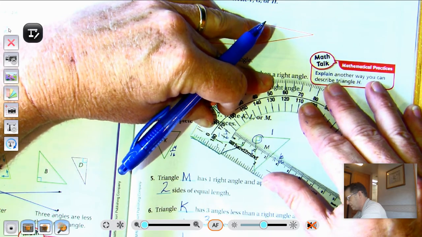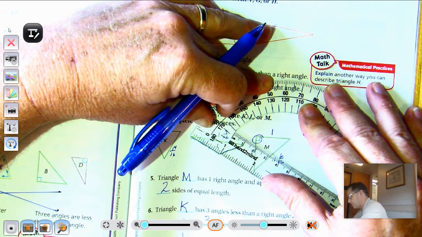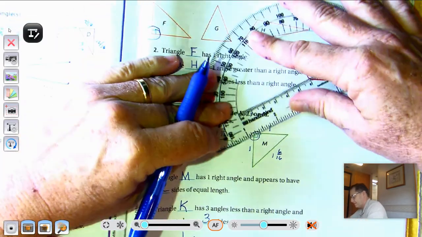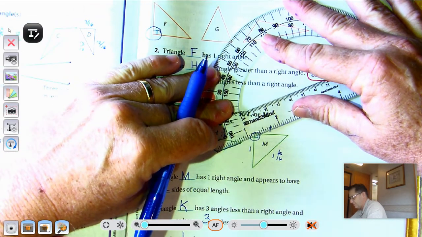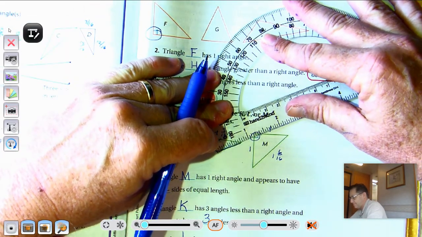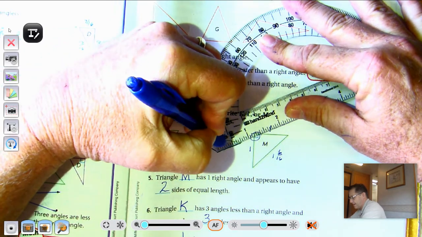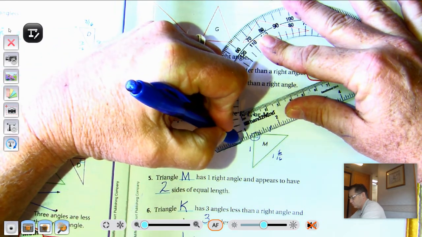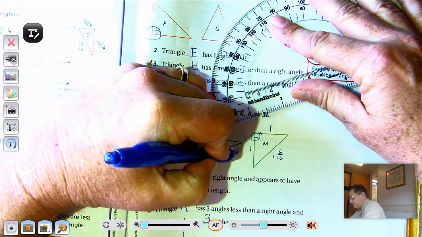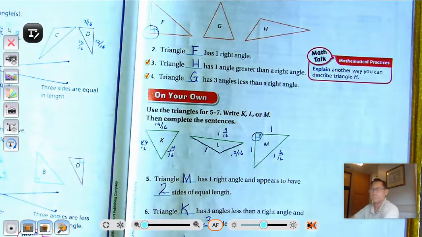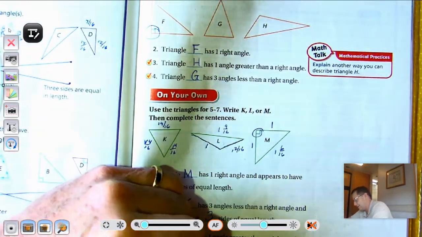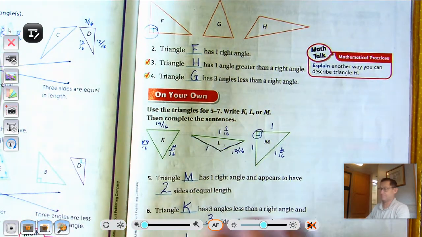Okay, this bottom one, pretty much right at 1. How about this one? Oh, that one's less than 1 by a great deal. Let's see. 8, 9, 10, 11, 12. 12/16. So, yes, no sides of equal length.